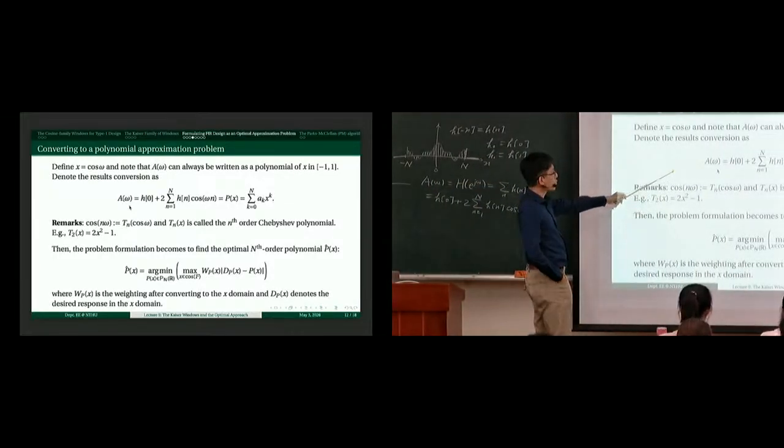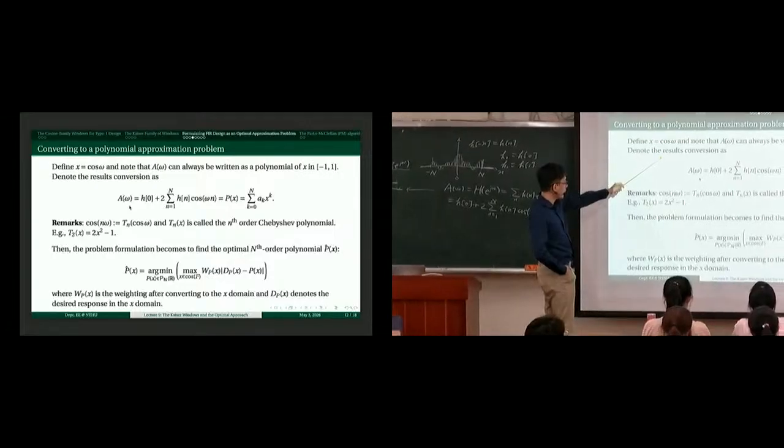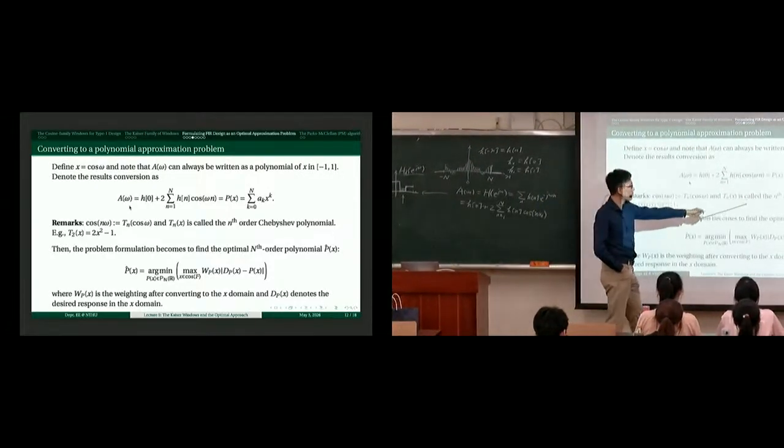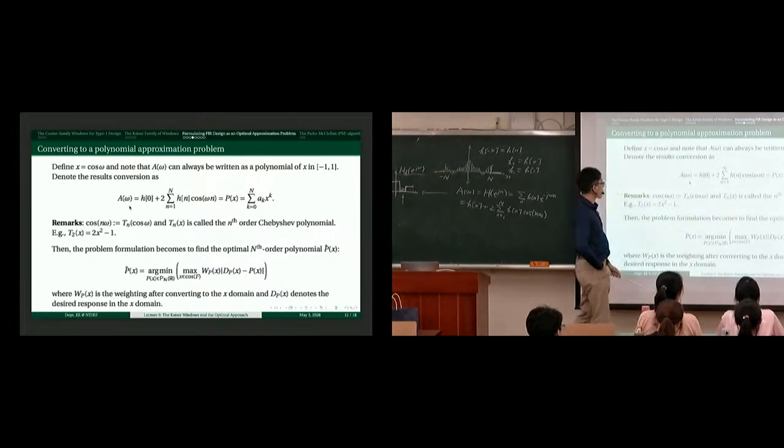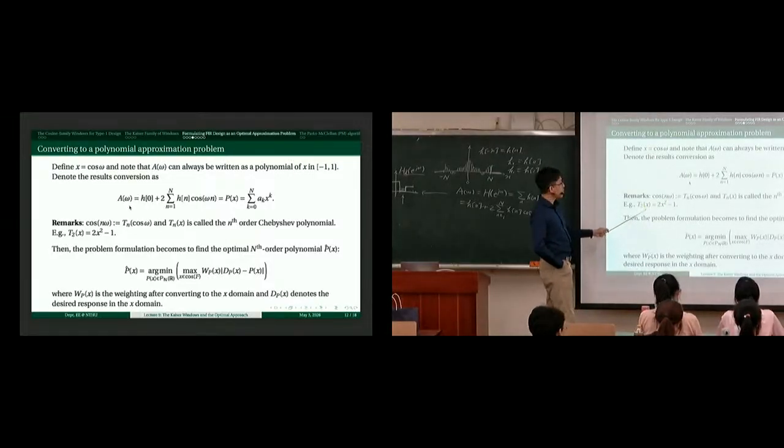Now we are going to transform the frequency zone by going to the X domain. If a frequency is omega domain, it turns out that we will use the tool of what we call Chebyshev polynomial to go from frequency omega to X domain using a change of variable, okay?